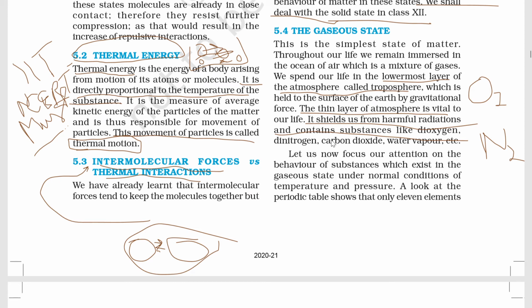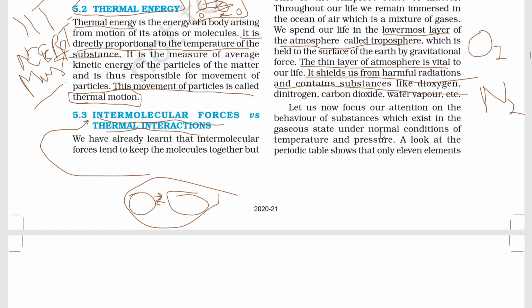Let us now focus our attention on the behavior of substances which exist in the gaseous state under normal conditions. Many substances and elements exist in the state of gas under normal conditions of temperature and pressure.